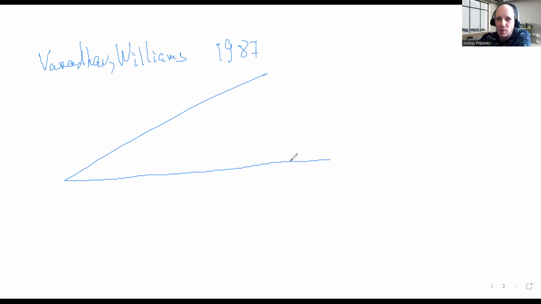And they considered a vector field C(x) such that C depends only on the angle. So here the vector field is equal to some constant vector C1, and here the vector field is just a constant vector field C2.